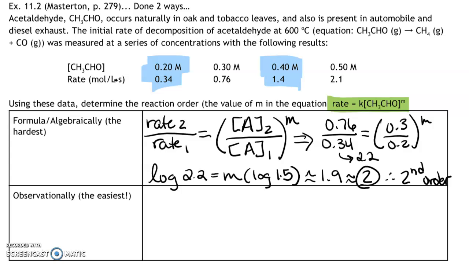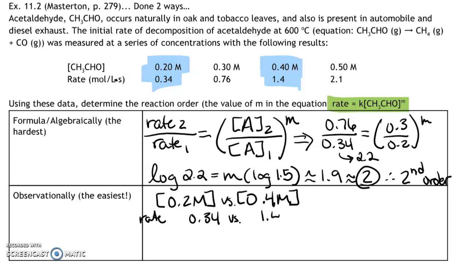So if we use that information, then we're comparing the concentration of these two trials, 0.2 molar versus 0.4 molar. And we can see that the rates are therefore 0.34 versus 1.4.